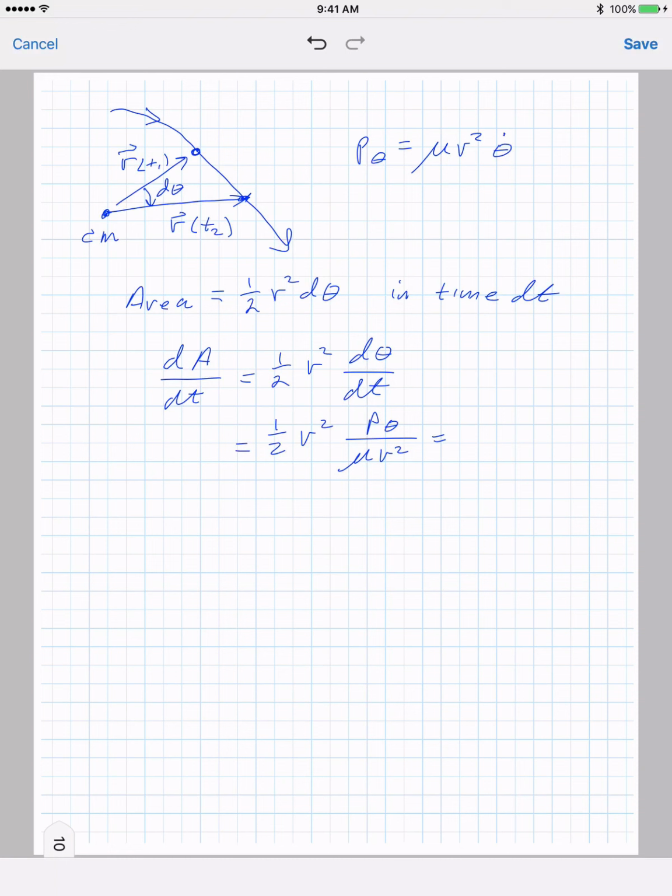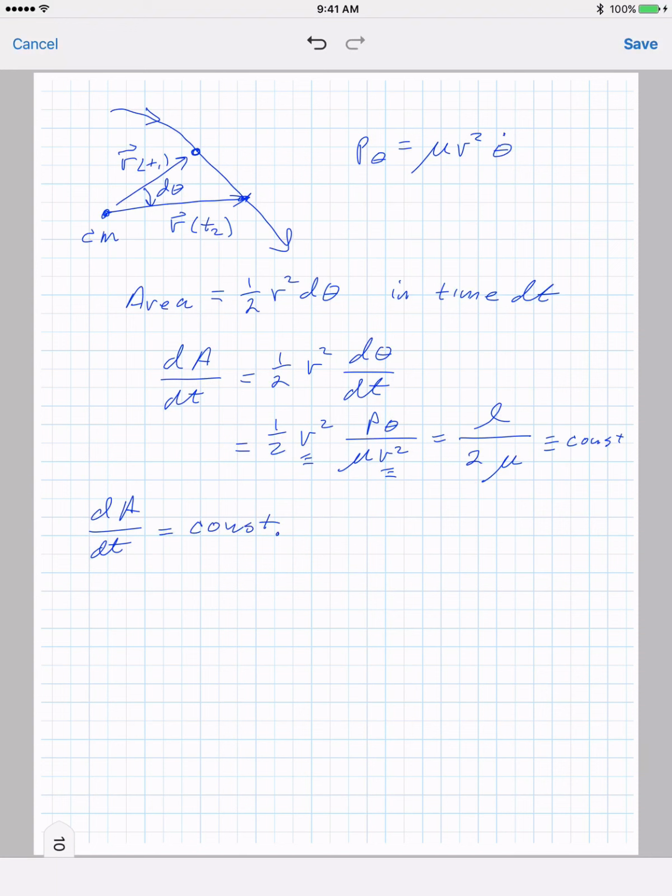I'm going to use the little l because that's the more common way of recognizing that it's angular momentum. So it's L over 2μ. And this is a conserved quantity, right? You notice that the r's have dropped out. There's an r² and an r², and they've dropped out. The reduced mass is a constant, the angular momentum is a constant, so this is a constant. And so there is a dA/dt for this orbital motion which is a constant.